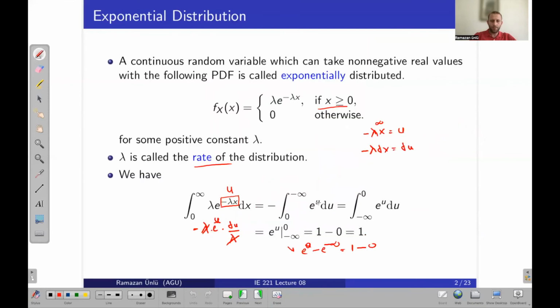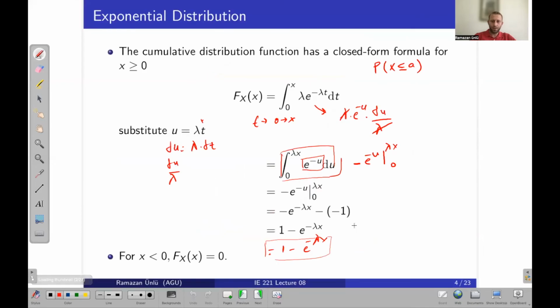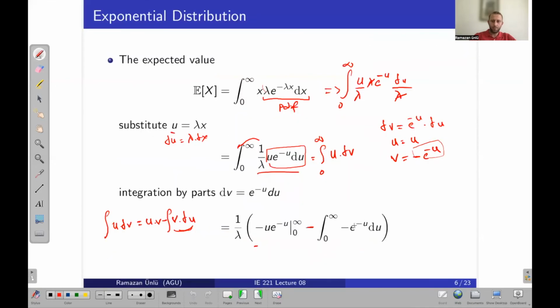What is that? We found that it is the one, right? The integration of the PDF for all possible values, we will end up with 1. Oh, sorry, not this one.